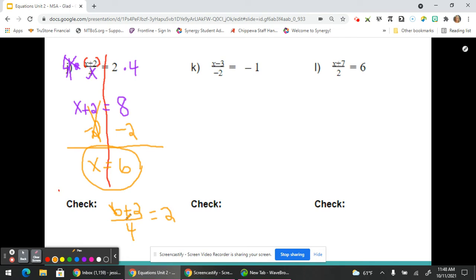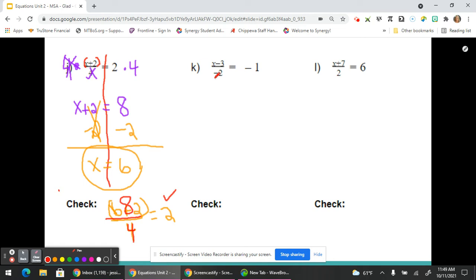So if I were to solve this, again, remember this is a grouping symbol. So right here, I'd have to put the 6 plus 2 together, which is an 8. So does 8 divided by 4 equal 2? Yes, it does. So remember, we reversed GEMDAS and we had to divide first, which if you look here, we divided last. So it absolutely worked. We know that x equals 6.